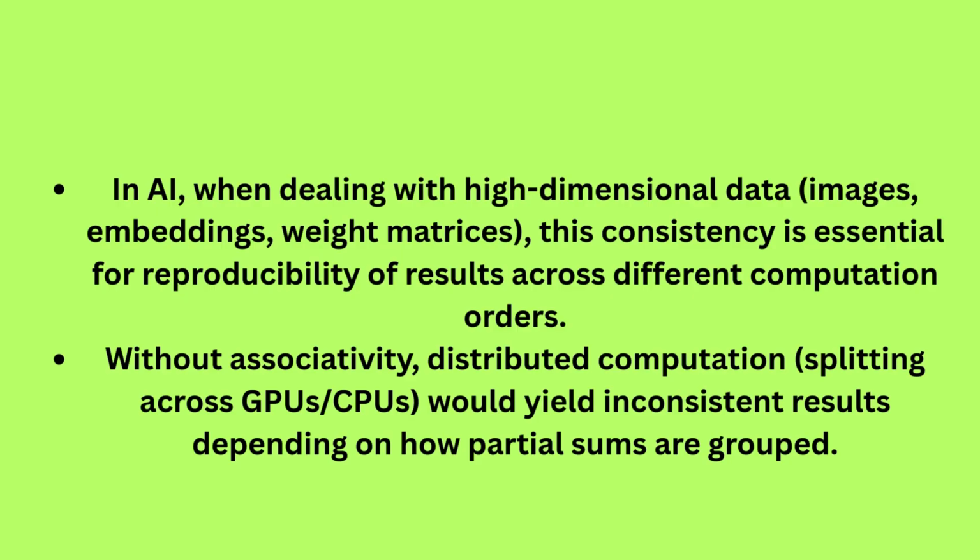Moving on, in AI, when dealing with high dimensional data, images, embeddings, weight matrices, this consistency is essential for reproducibility of results across different computational orders. Without associativity, distributed computation, such as splitting across GPUs and CPUs, would yield inconsistent results depending on how partial sums are grouped.